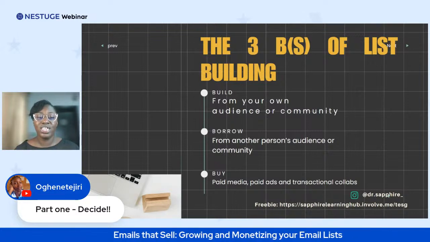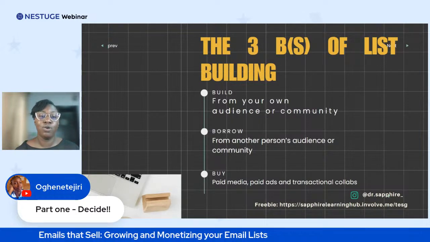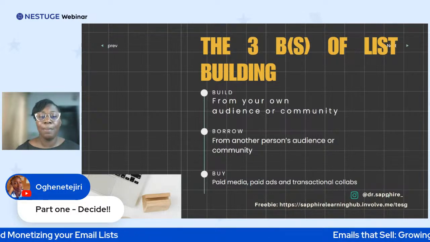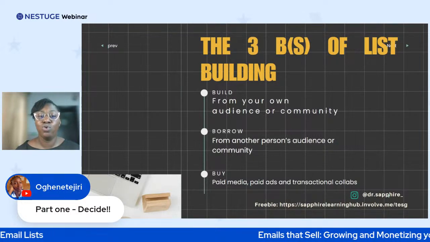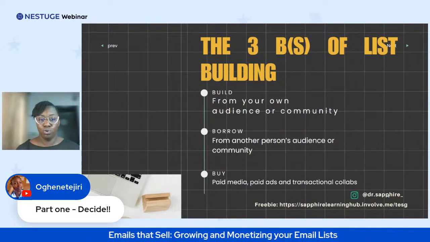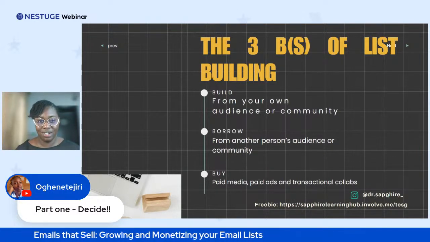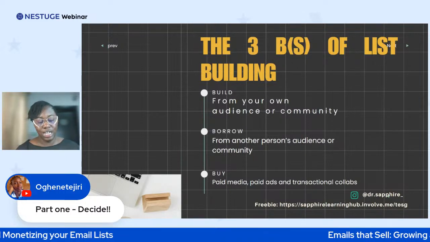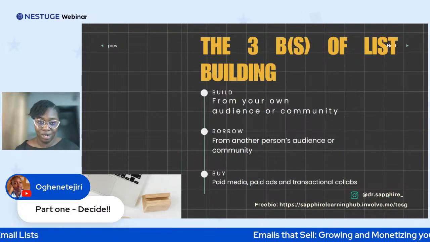So you already have your audience. And when it talks about build, what it means you're doing is being intentional about driving people from your own audience or community to your email list. And so you could do, for example, a 5-day Instagram campaign where all the posts that you're creating is telling people to go download your lead magnet, right?